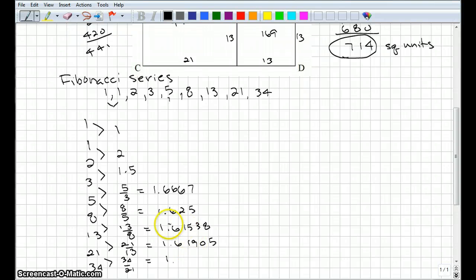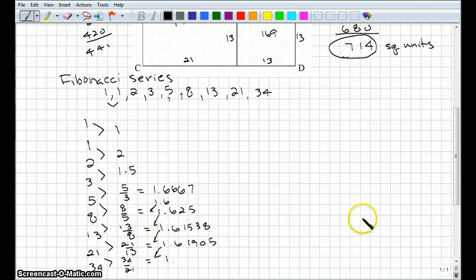Oh, you know what? I am off. This is actually 1.6, alright, and this belongs here. I'm going off of my notes here, so anyway, 8 over 5 is 1.6, 13 over 8 is 1.625, so they're just off a little bit.